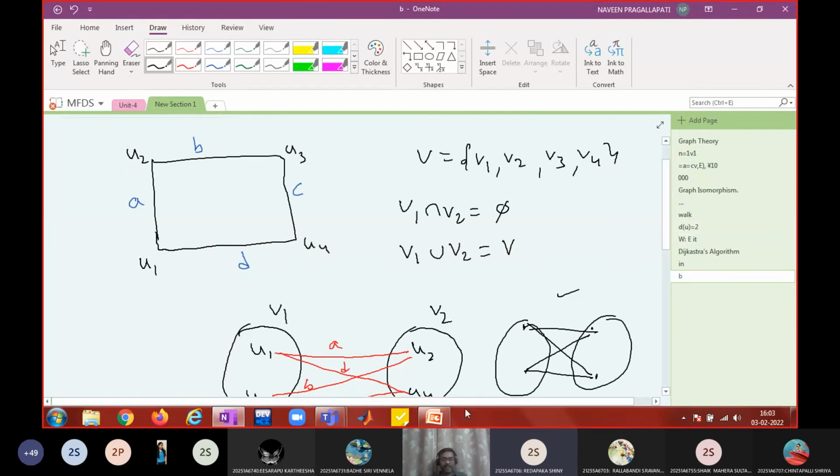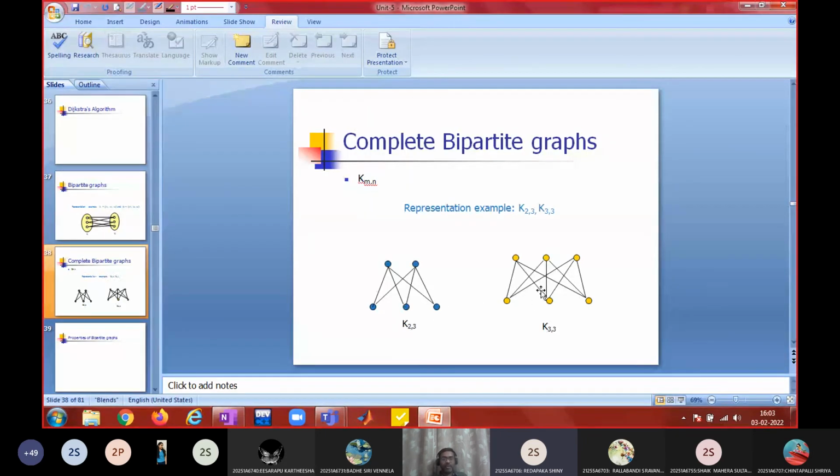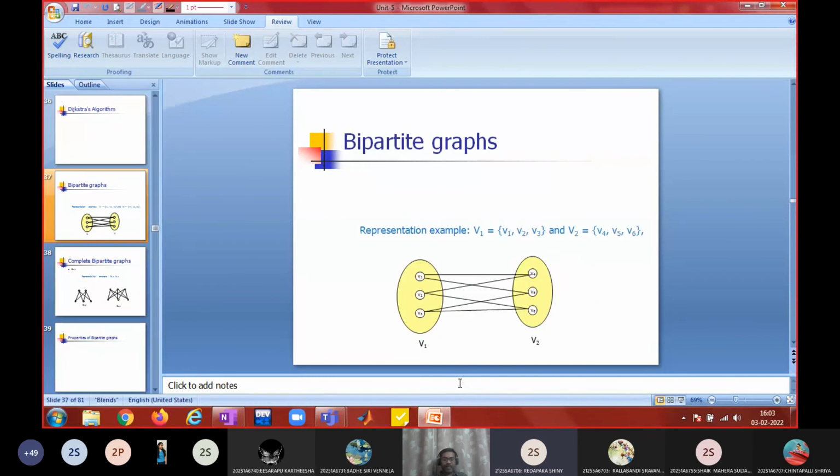Now do you understand how this is bipartite? No two vertices in the same set are adjacent. If there is an edge, one end belongs to the first vertex set and the other end belongs to the second vertex set. Such a graph is said to be a bipartite graph. Is it okay?